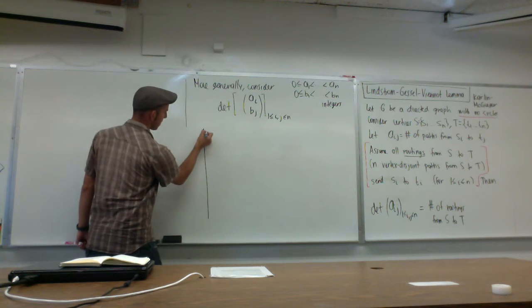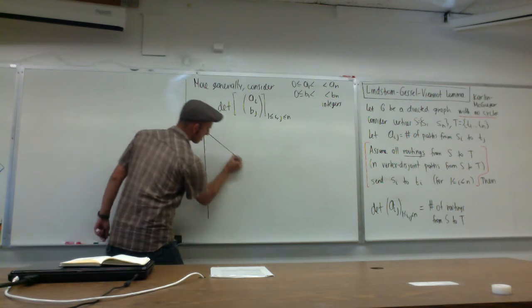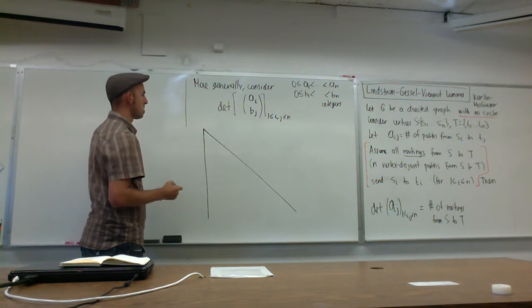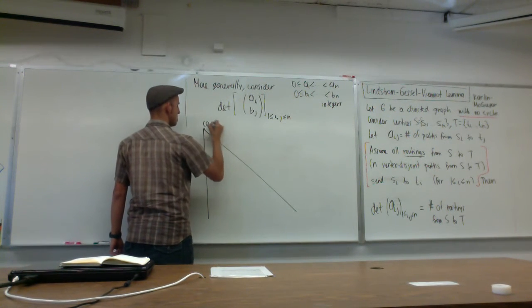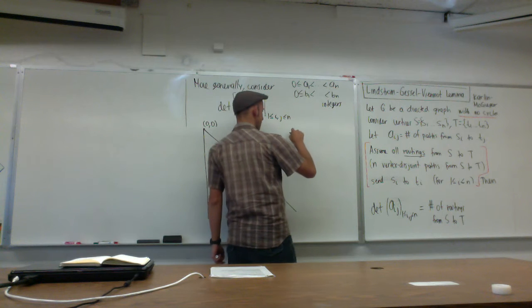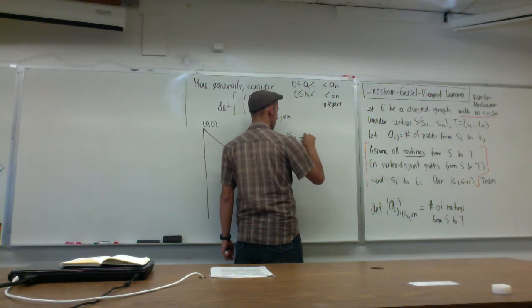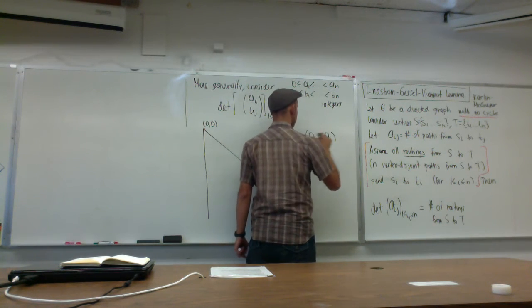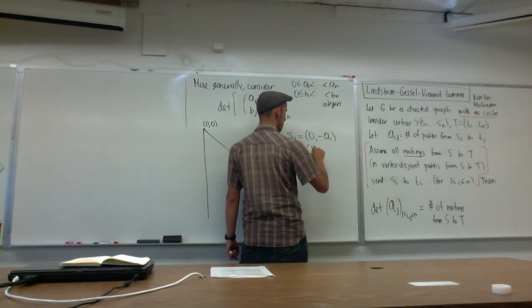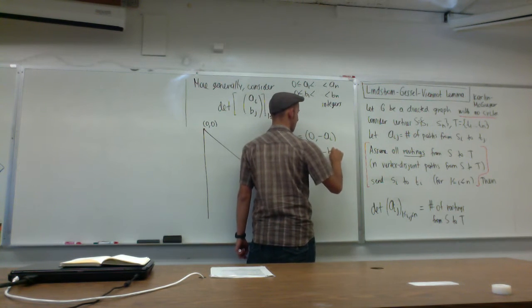So let's consider a 45-degree angle like this. Okay? This is the point 0, 0. And now I want to define points Si and Tj. Si is going to be 0, comma minus Ai. And Tj is going to be Bj, comma minus Bj.